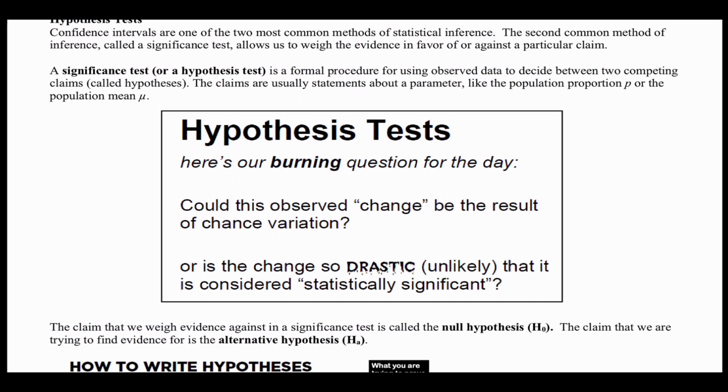If that number is high, then I don't have enough information to reject my claim. So is Mr. Flores correct? I don't know, I just don't have enough information to say. If my probability is low, then I can say, Mr. Flores, you're wrong.